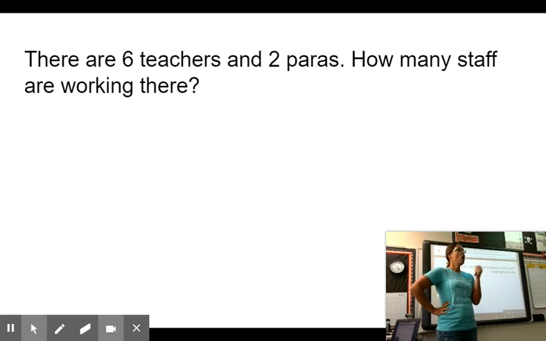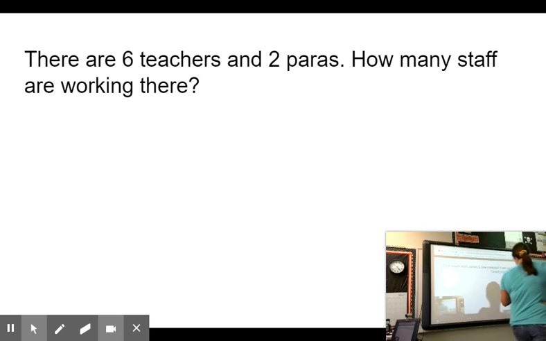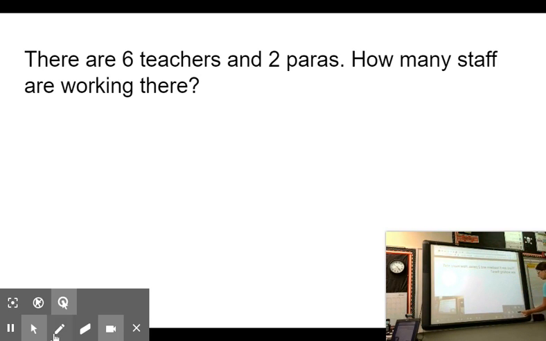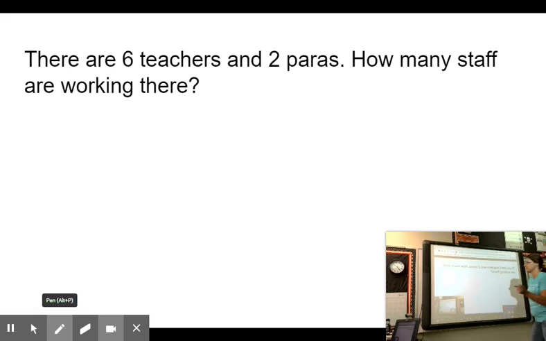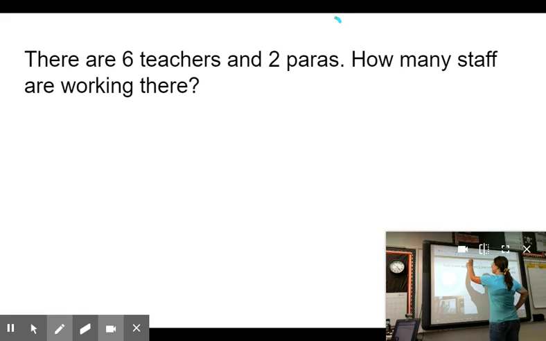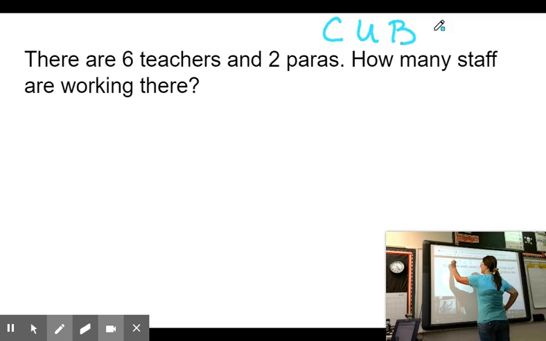Yes. Okay. Well, in cubes, we are supposed to circle our numbers. I know that. So up here, I'm going to write C-U-B-E-S. Cubes.